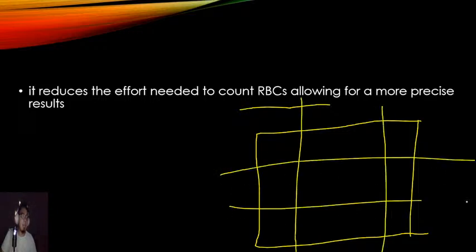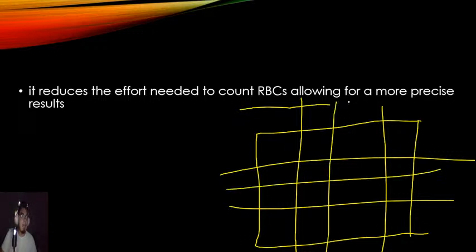And then, the squares give you an estimate of how many cells to count. In each square, there is an assumption na 100 RBCs ang nasa loob nun. So all you need to do is just count 100. You just need to count from 10 fields.